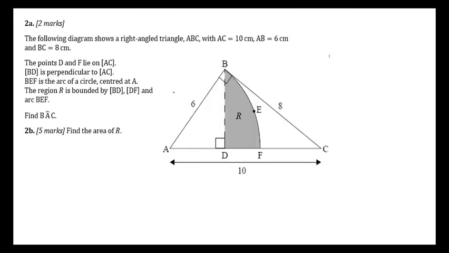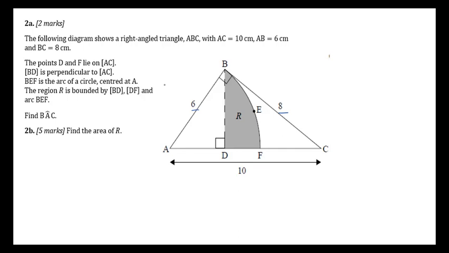Now let's go to 2a. The following diagram shows a right angled triangle ABC with AC equals 10, AB equals 6, BC equals 8. The points D and F lie on AC. BD is perpendicular to AC.